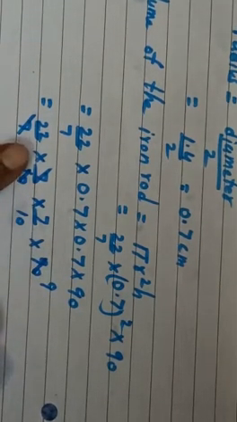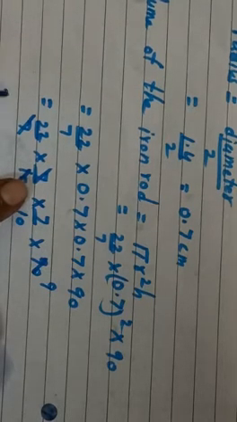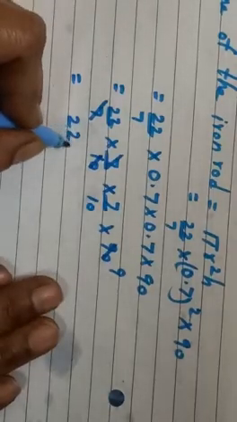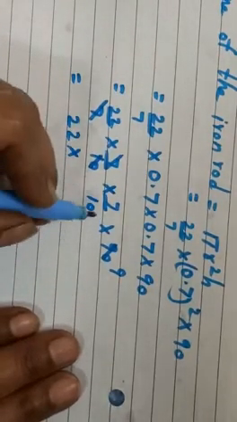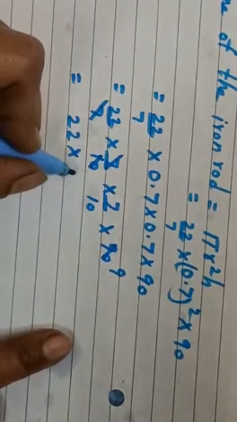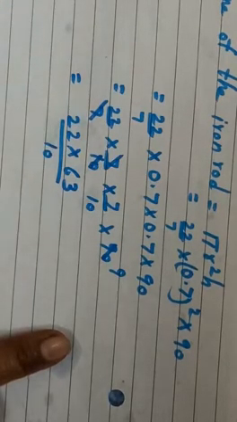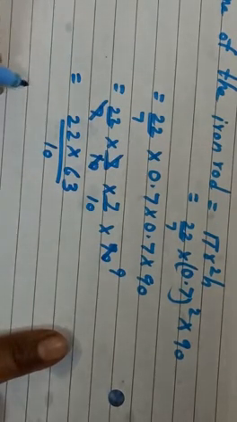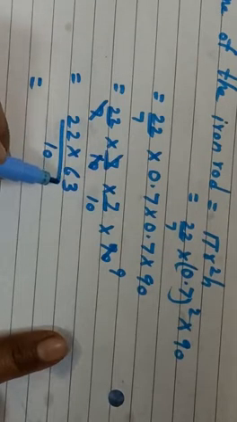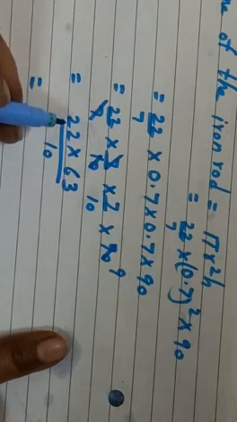Now 22 into 9 sevens are 63, upon 10, which is equal to, now multiply 63 into 22.